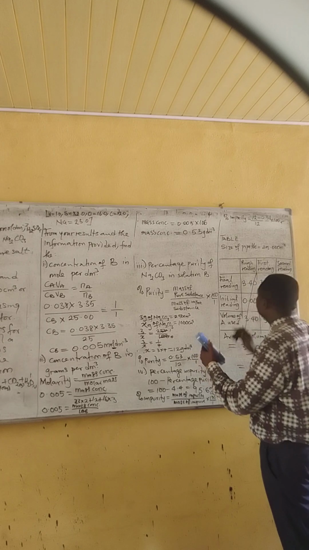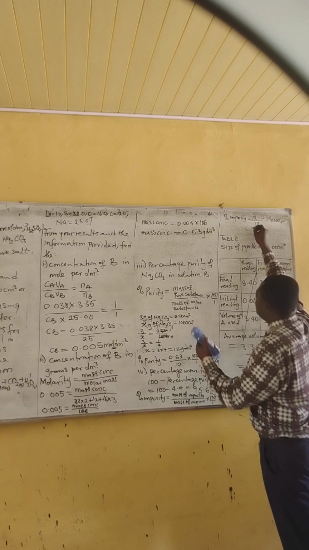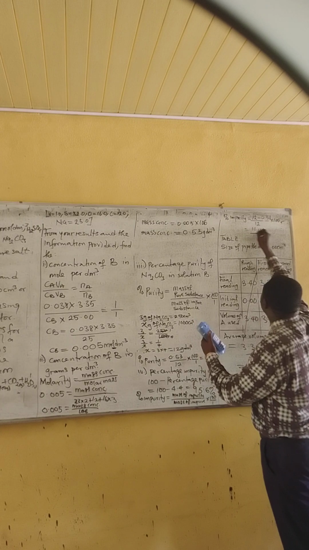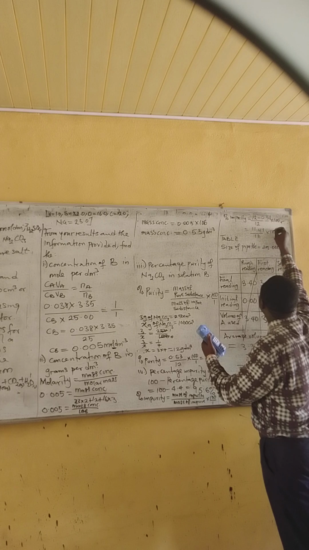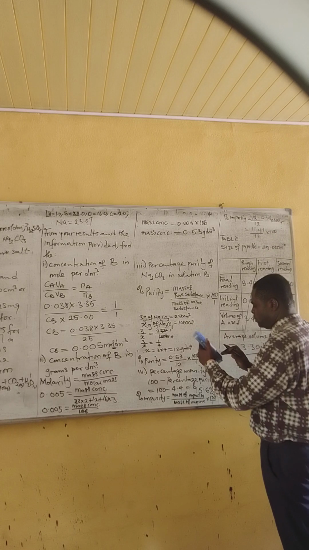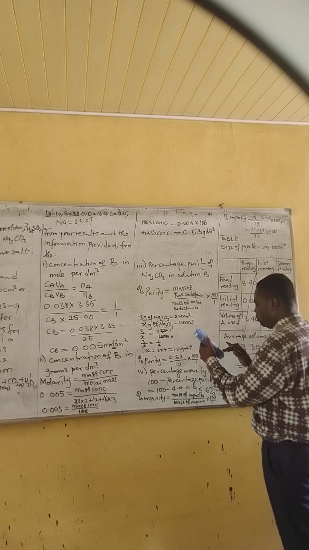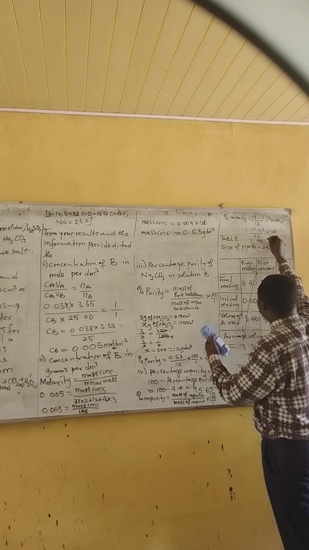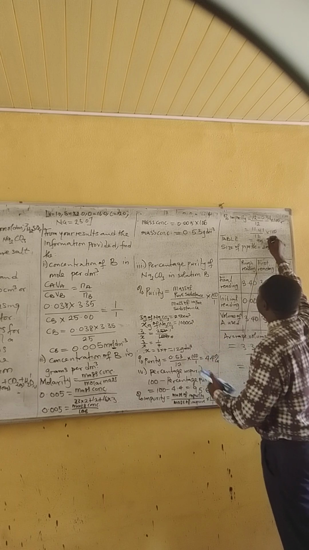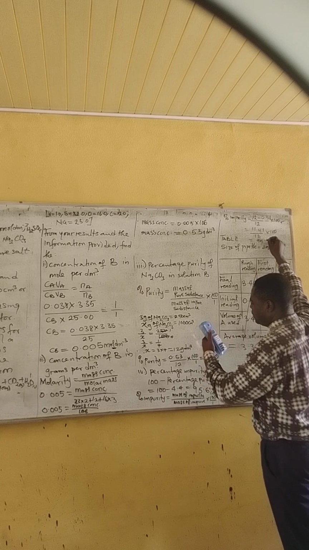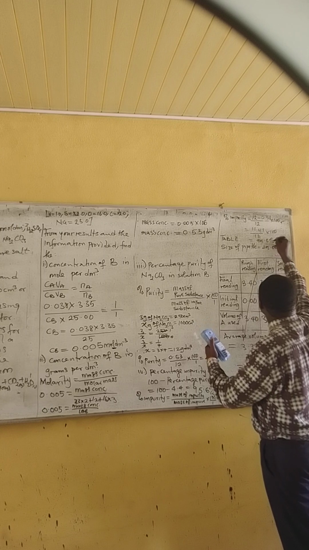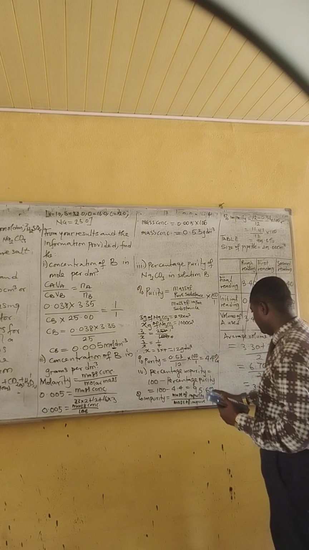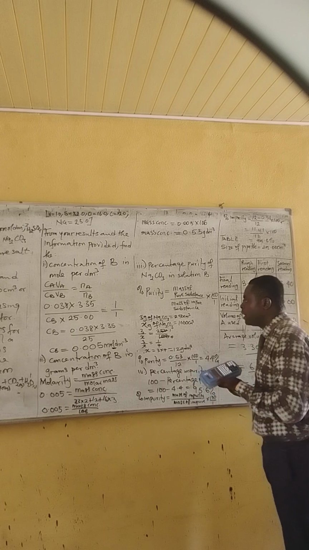Answer is 11.47 over 12 times 100. So this one times 100 divided by 12 gives us the same answer, which is 95.6% that we got before. So these are the two ways you can do it.